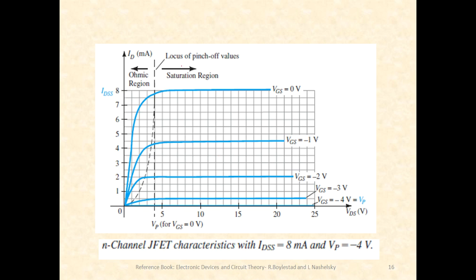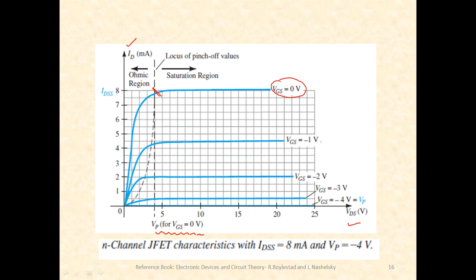Please focus on this diagram. That's the plot of ID versus VDS itself. Initially when VGS is 0, you can observe that VP is somewhere here. A vertical line is being drawn. So this is the pinch off voltage for VGS equal to 0 volts.